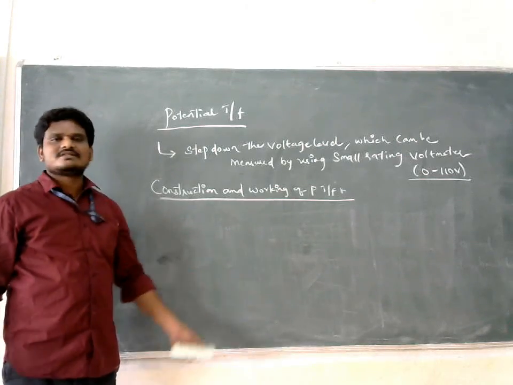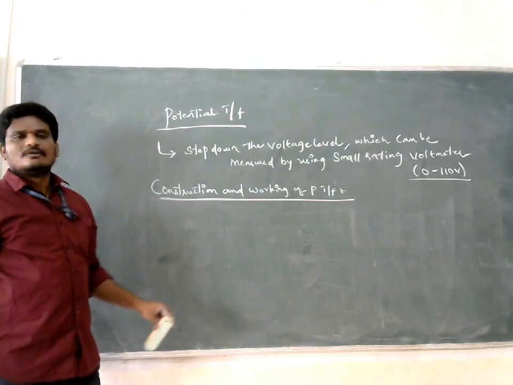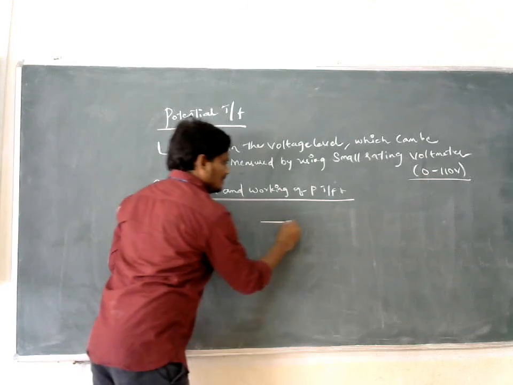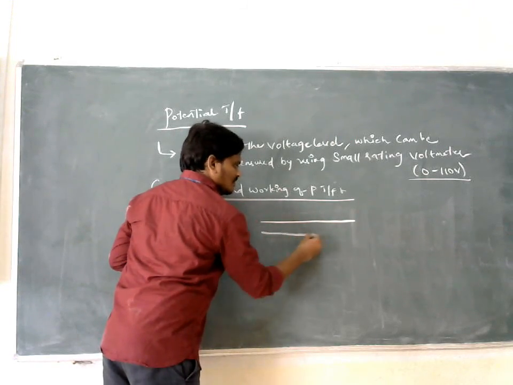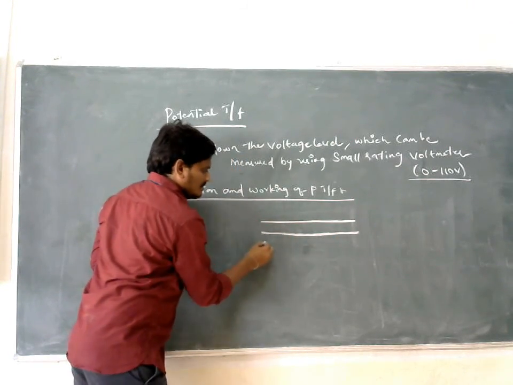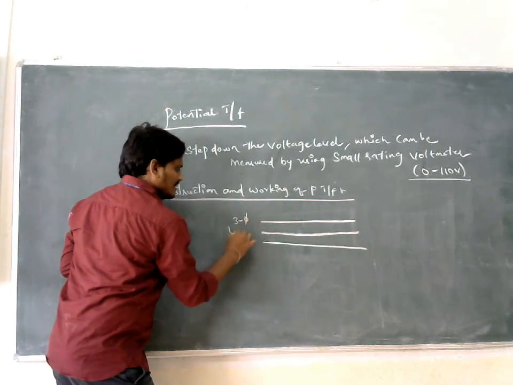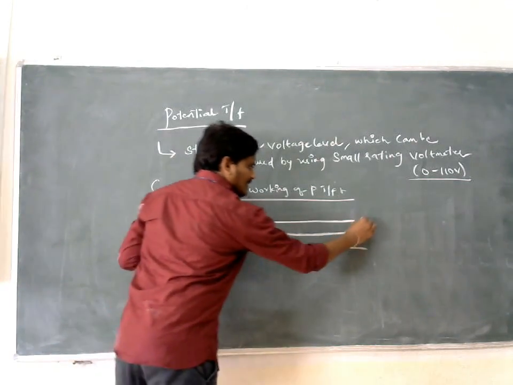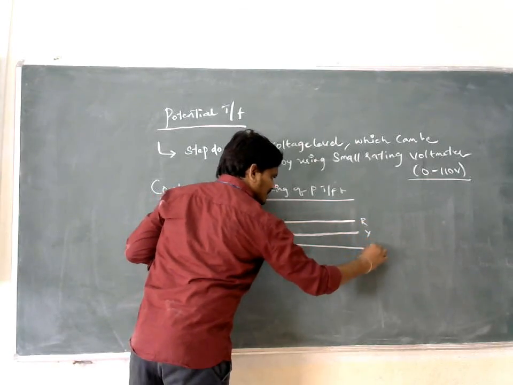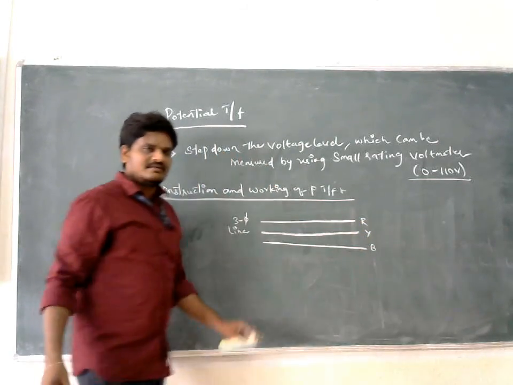Now we will go with the circuit diagram representation of a potential transformer. First I am drawing a power circuit which consists of a three-phase line. Let me indicate these three lines with R as one phase, B as one phase and Y as another phase.